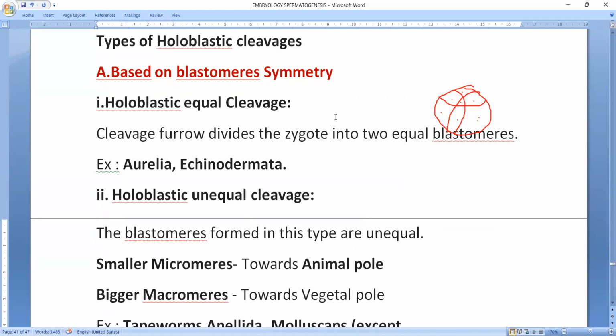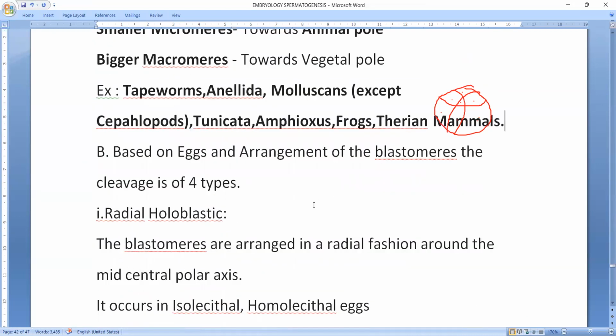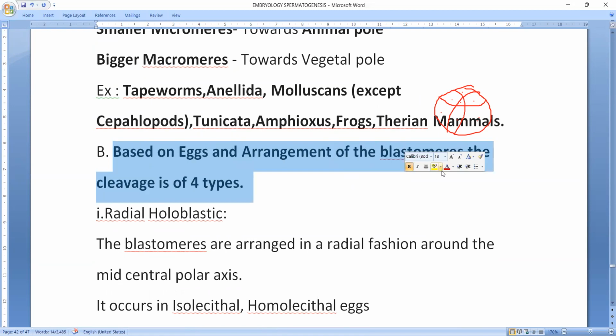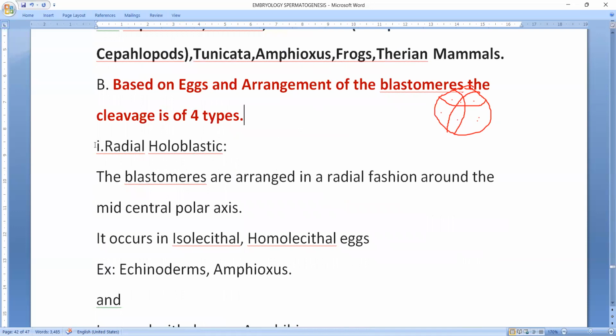Based on the eggs and arrangement of the blastomeres, the cleavage is of 4 types. The first one is radial holoblastic cleavage. The blastomeres are arranged in a radial fashion around the mid-central polar axis.